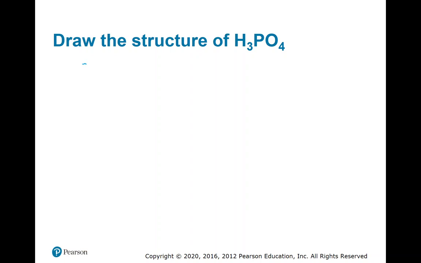Okay, so hopefully you've tried this example on your own. We have 3 hydrogens, so we're going to have 1 valence electron from each of the 3 hydrogens. We have 1 phosphorus, and phosphorus has 5 valence electrons. It's directly beneath nitrogen. And then we have 4 oxygens.